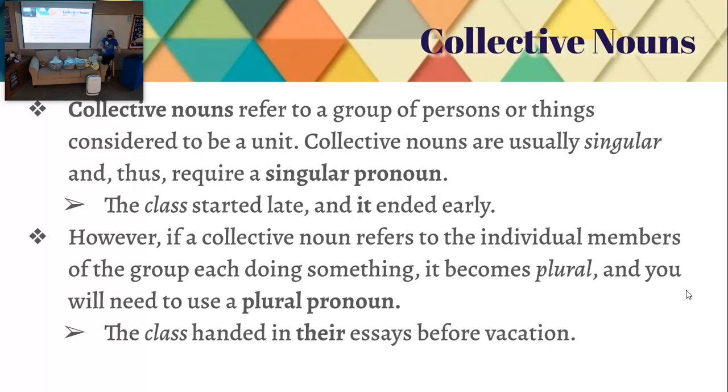That makes it plural. So in this instance, you would need the plural "their" to refer to the class instead of "its." Does that make sense? All you have to do is ask yourself, are they working together as one unit and need a singular pronoun, or are they working as individuals and need a plural pronoun? Just remember that visual. Singular, plural.